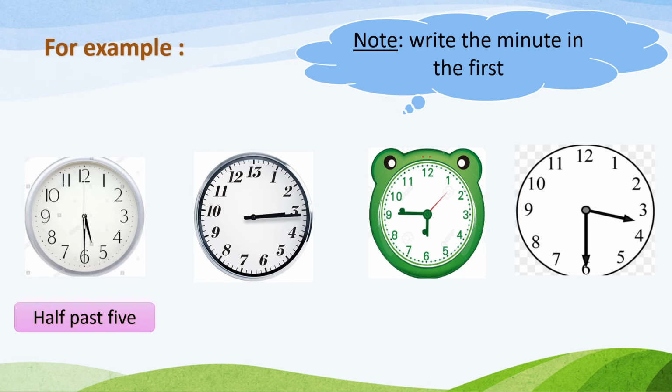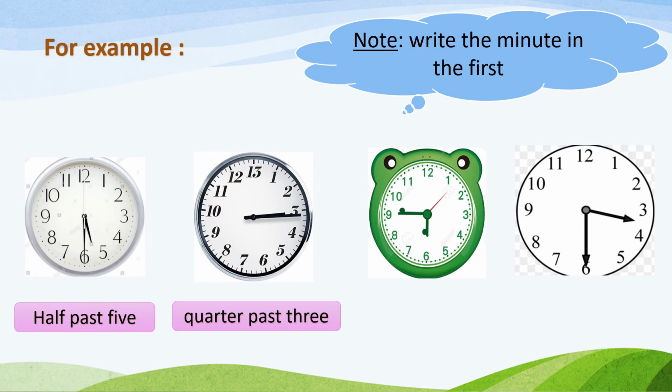Number 2, the short hand on 3. The long hand also on 3. We say that when the long hand on 3, it tells me quarter past. Then the time is quarter past 3.